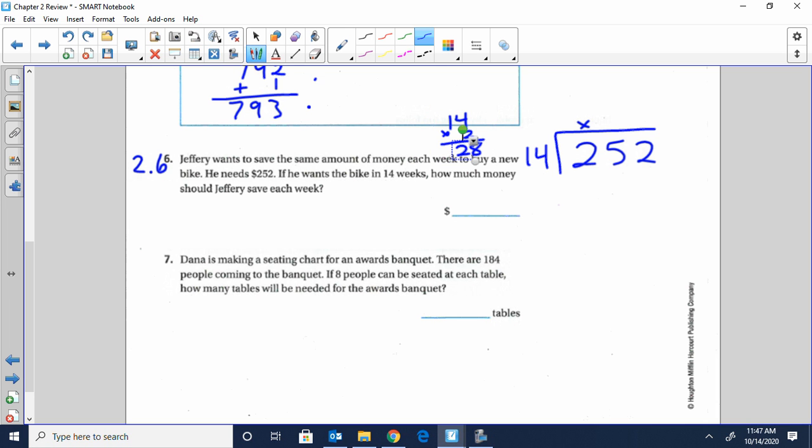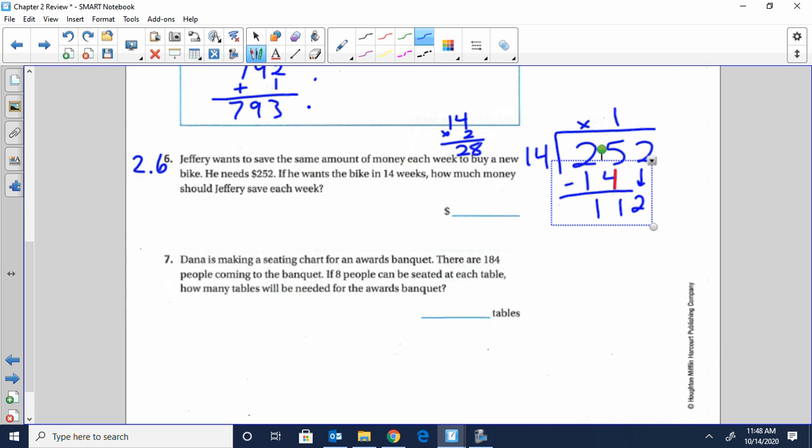So 28, that's going to be too big, so we know it's just one time. That's a 14. If I subtract 25 minus 14, I should get 11. I bring down the 2.